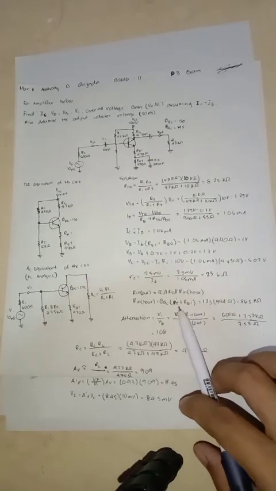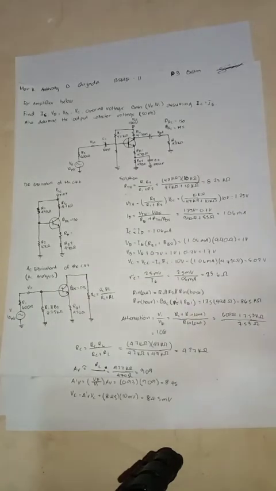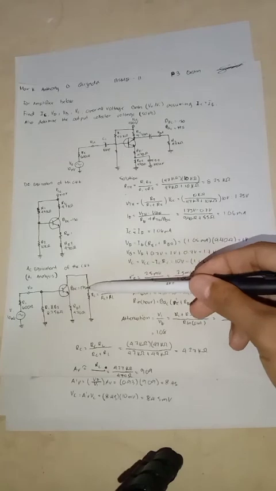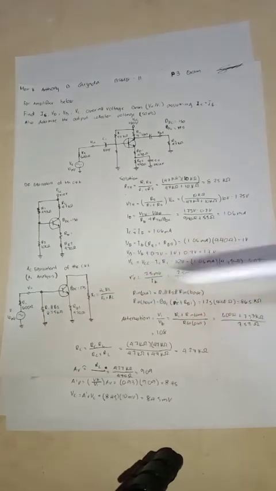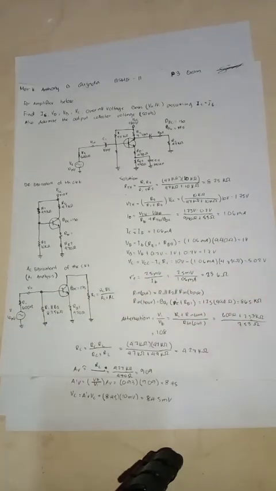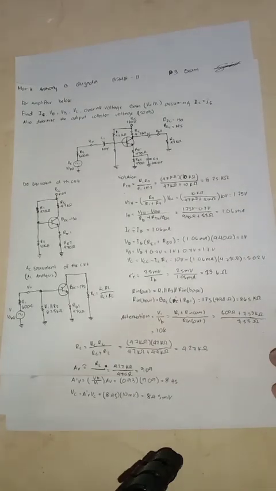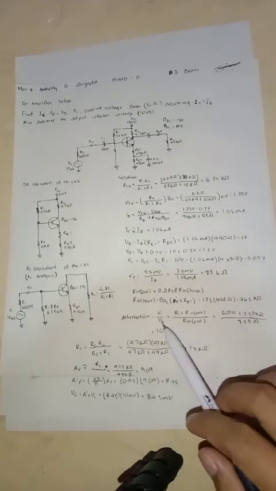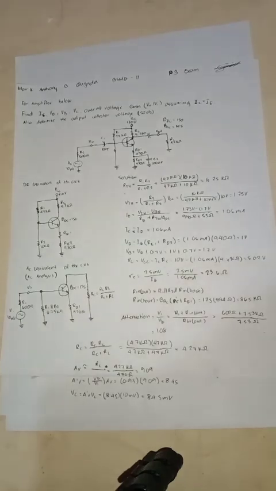The 494 ohms came from the total of these, and we get the formula because our BAC is in line with our RE1. And our total is 86.5 kilo ohms. Now the attenuation from source to base, its formula is V1 over VB.